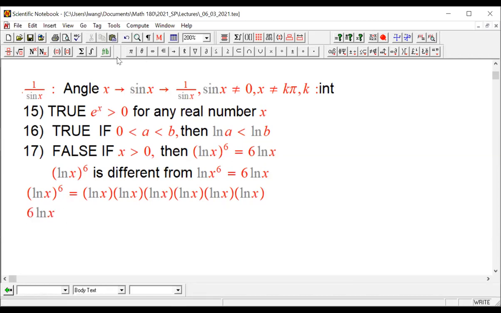It means ln x plus ln x plus ln x plus ln x, 6 times. Do you see the difference? 1, 2, 3, 4, 5, 6. Do you guys see that?